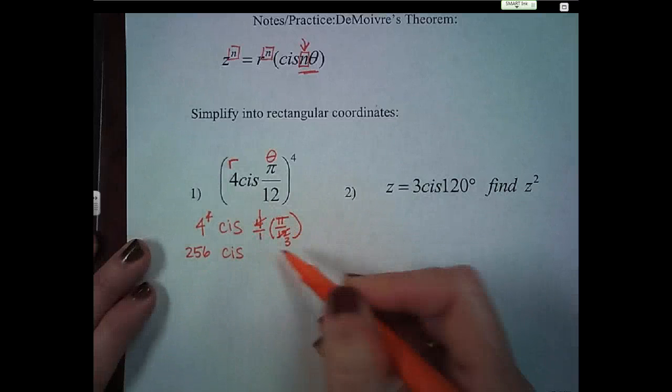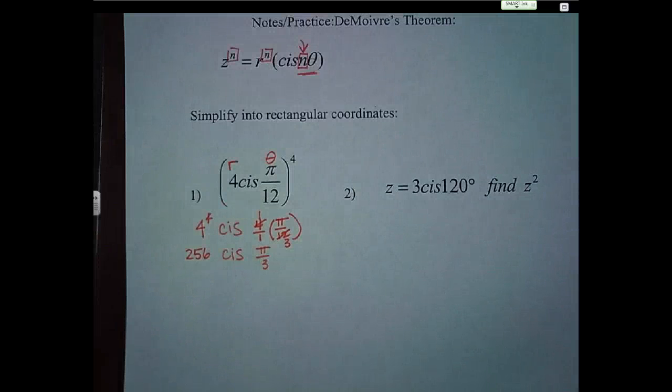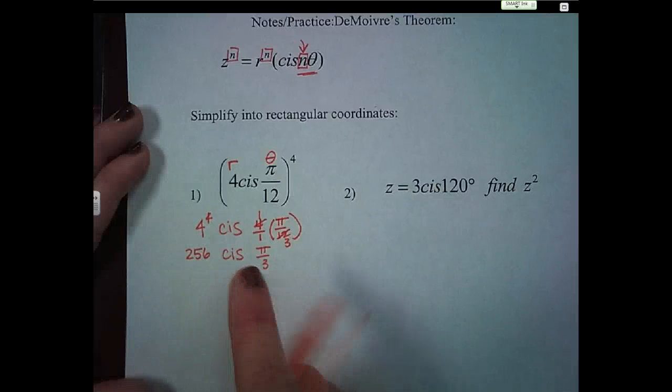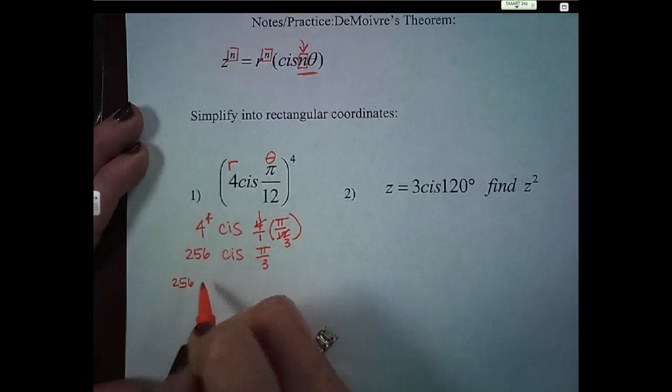You get pi over 3. Now, guys, is pi over 3 on the unit circle? Yes.